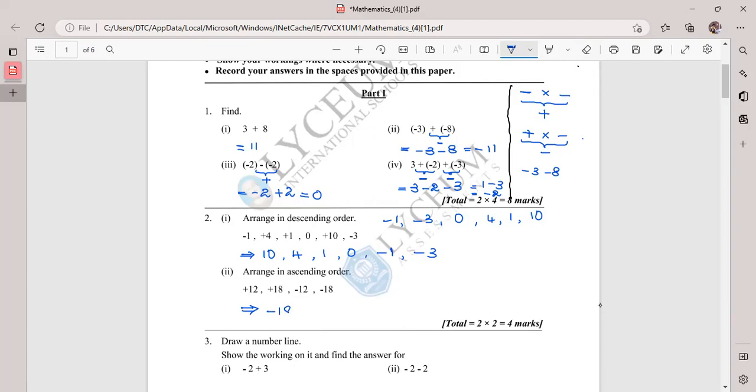Negative 18 will be smallest because it is far away from 0. It is not closer to 0 like negative 12. Then you have negative 12, then positive 12 and 18. That is how you want to arrange these numbers in ascending order.